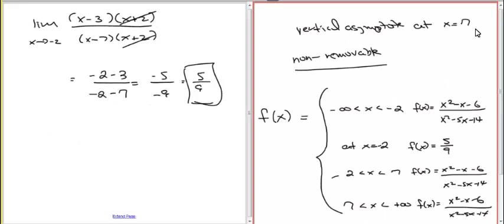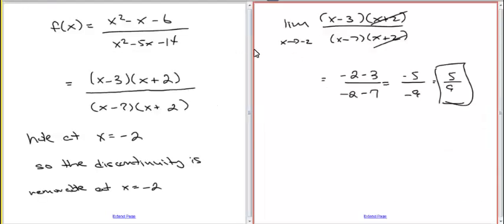The vertical asymptote is x equals 7, which is non-removable. So to create a function that removes the discontinuity at x equals negative 2, you find the limit as x approaches negative 2 of this original function, which allows you to cancel these out, and you're just left with these two terms. Plug that value in. Make sure if you get two negatives to make it into a positive. Don't just leave it as negative 5 over negative 9.